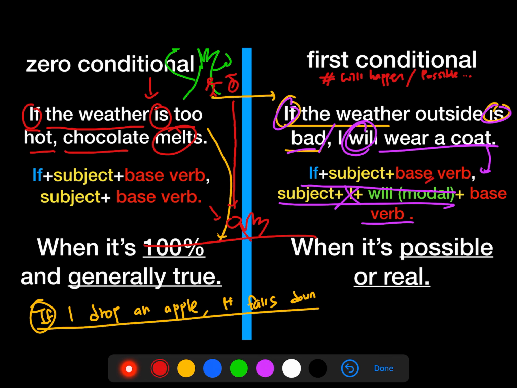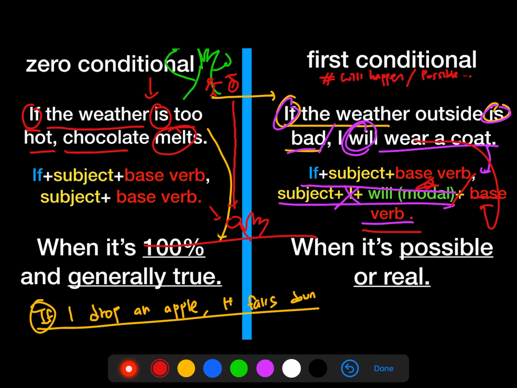This is the most important thing: will, and then a base verb. So: if subject base verb, subject will and base verb.